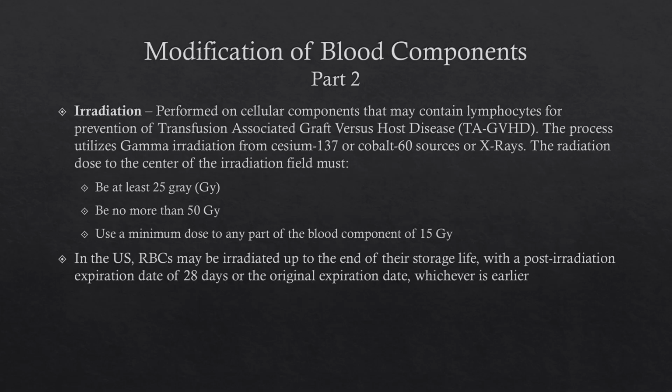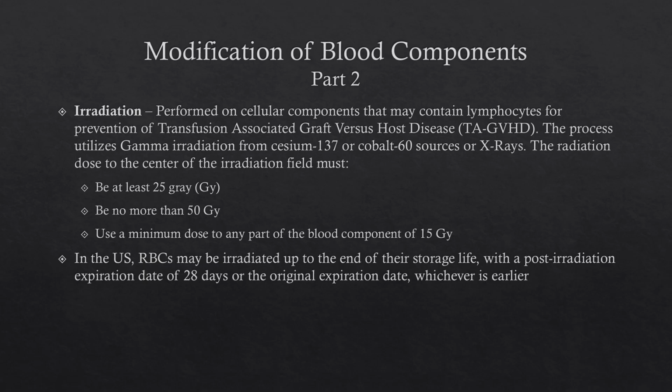Irradiation is another common modification to a blood component. This is done on any component that may contain lymphocytes. If it's a cellular component and might have some residual WBCs, even after leukoreduction, then it's a candidate for irradiation.